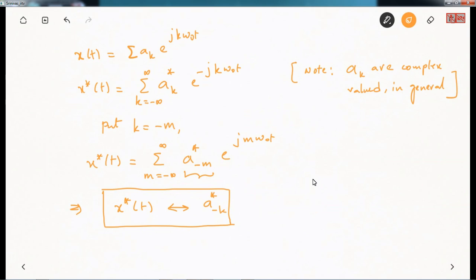So now let's assume that x of t is real. When x of t is real, we know that x of t is equal to x conjugate of t, right? For a real number, the complex conjugation is equivalent to the actual number.